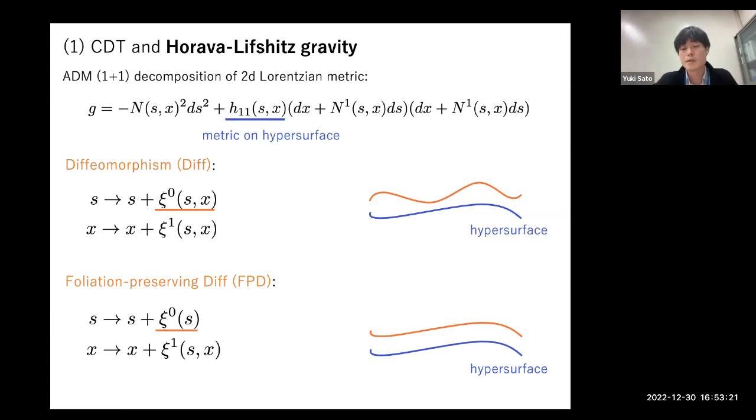This means that the hypersurface, or the foliation, is just a gauge artifact. On the other hand, if the theory is only invariant under the foliation preserving diffeomorphisms, like these transformations, then you cannot change the shape of the hypersurface. So the system has a sort of built-in foliation structure.